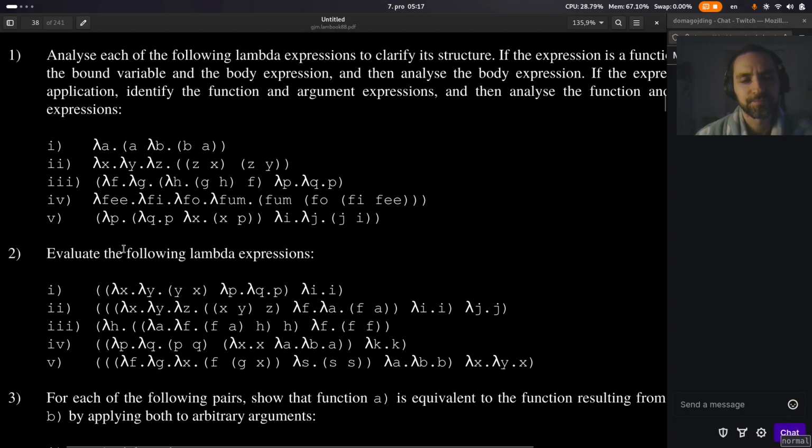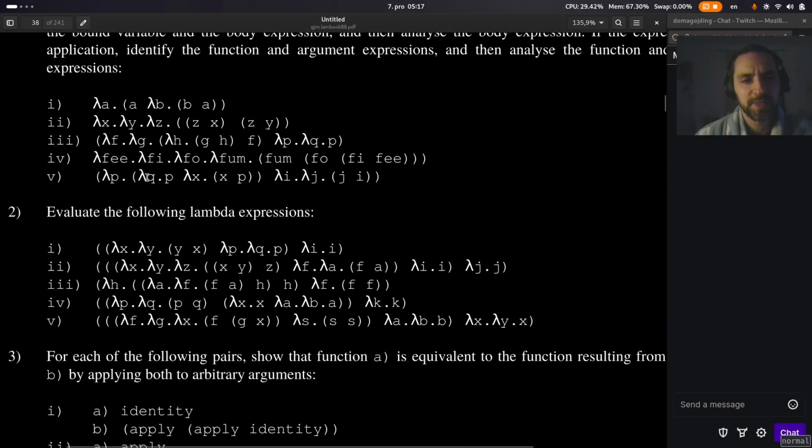Okay. Lambda p, lambda q, p, lambda x, xp, p. Okay, we don't have free variables.